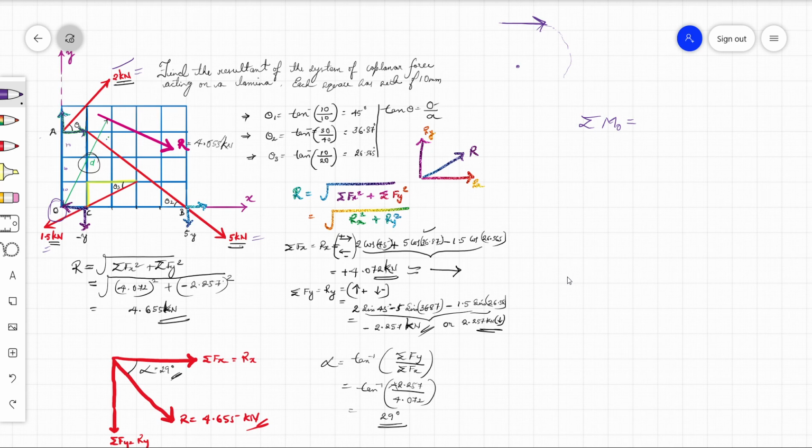So we consider one thing, clockwise moment as positive, anti-clockwise moment as negative. Okay, this is just an assumption we do. So for the first one it is 2 cos 45, which is force, and perpendicular distance is 30. Force into distance.